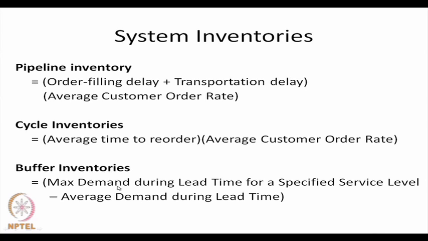That depends on the maximum demand during lead time minus the average demand during the lead time. These aspects of cycle inventory and buffer inventory we shall discuss in detail when we come to inventory control topic. So, for the time being, we are going to the discussion on the plant location layout factors.